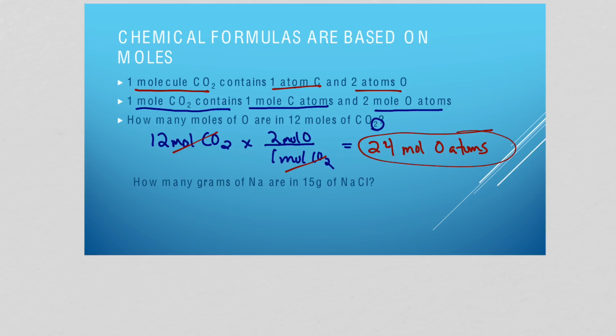Now, we could also use it in terms of a mass idea, right? Because if we combine this with the idea of molar mass that we just talked about, we can go from looking at how many grams of an individual element are in a certain mass of that compound.